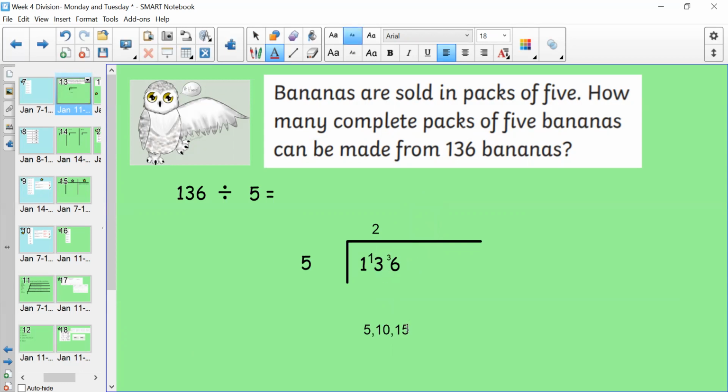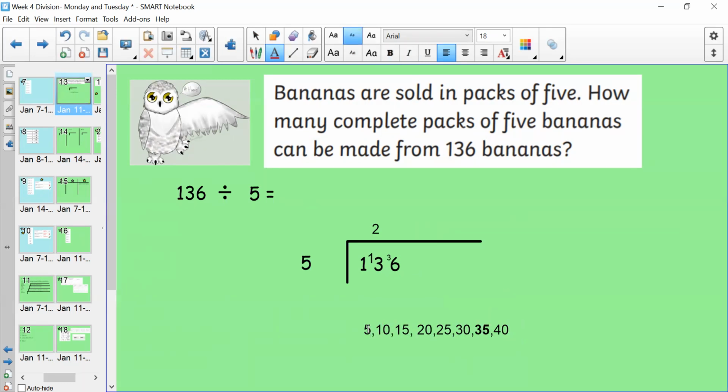Okay, so if we carry on counting in multiples of 5 to help us, so we've got 20, 25, 30, 35, 40. Okay, so we can see here that 5 is not going to go equally into 36 because it's not a multiple of 5. But we can see that 35 is the closest number to 36.